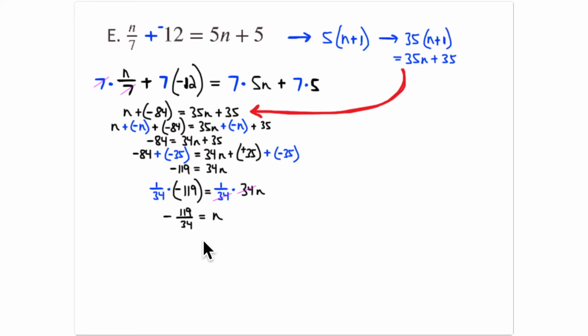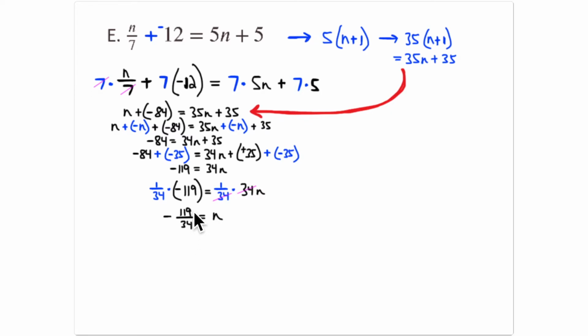119/34. Now, the authors usually set these problems up in a way that they can be simplified relatively easily. This one's not so easy. But if you look at 34 and ask, I have 119 of these things, how many times can I take a group of 34 out of 119? Well, you know that 3 times 33 is 99.